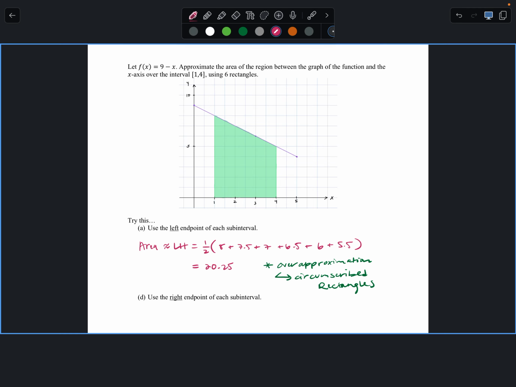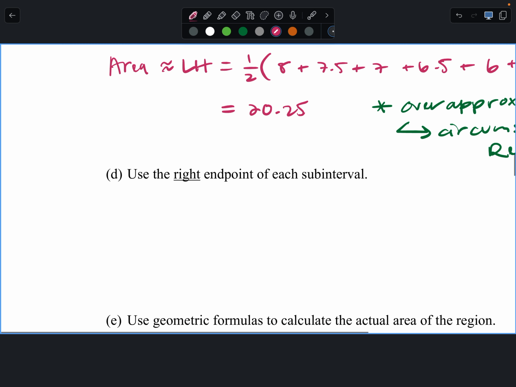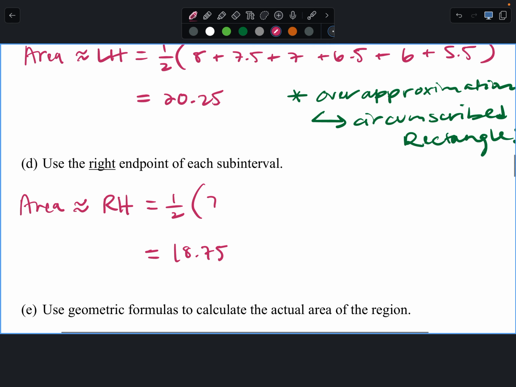Okay, then our approximation for area using the right-hand approximation. What'd you guys get? 18.75, and I'm not so worried about units at this point. 5.5 plus 5.